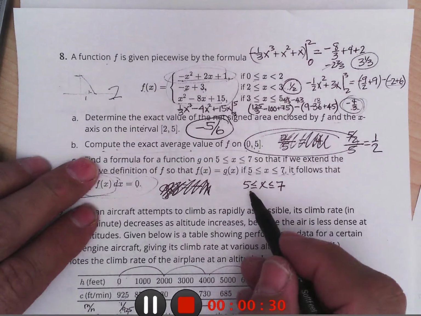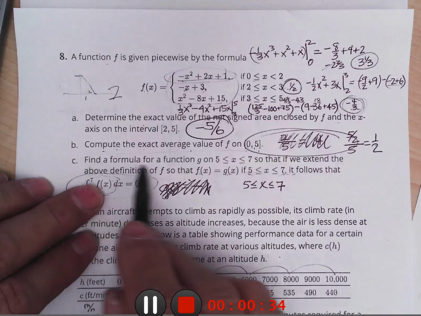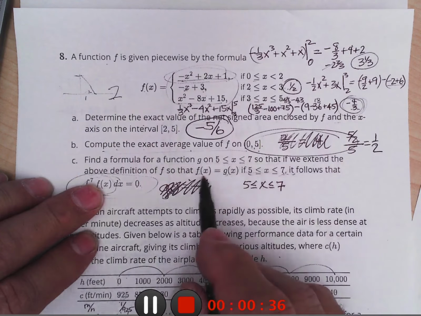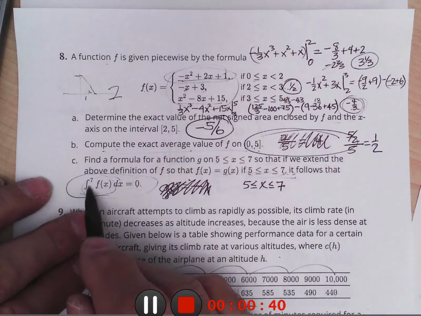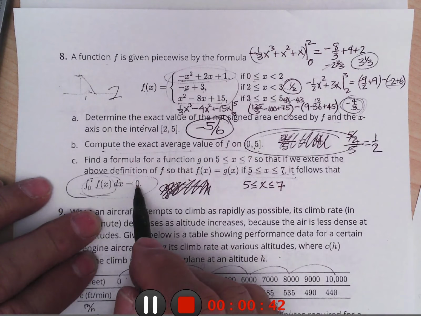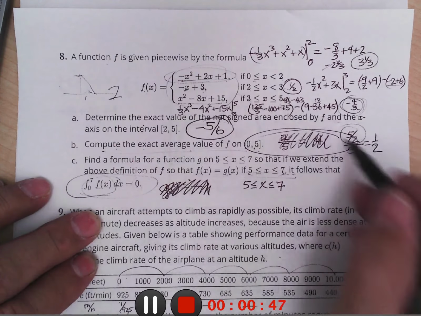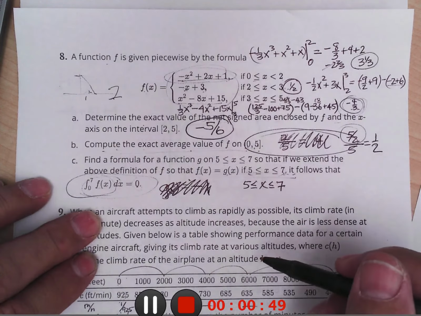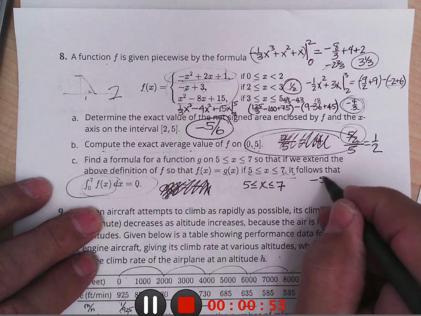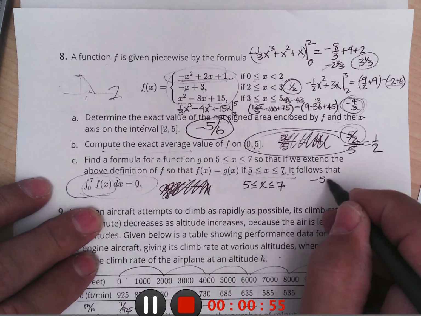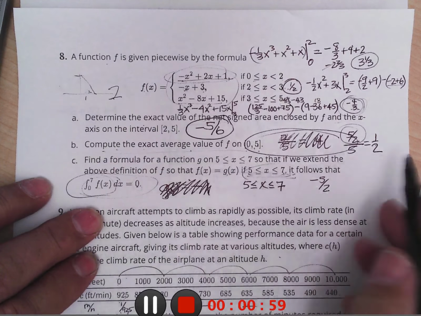And then on the final part here, C, it says find the formula for this so that at the end of 7, we're at 0. Well, if we're already at 5.5 total, we have to get minus 5.5. So to get minus 5.5, or 5 halves, in an interval of 2, we'd have to get half of this each part.